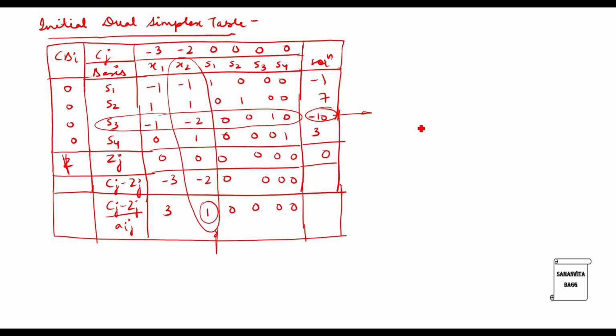So x2 is the entering variable and s3 is the leaving variable. So now we'll go for iteration 1, that is step 5.